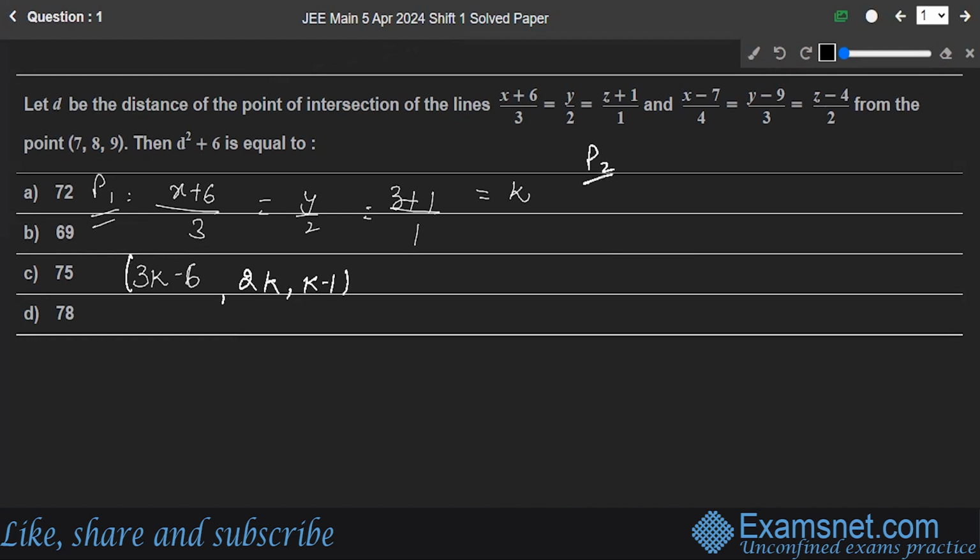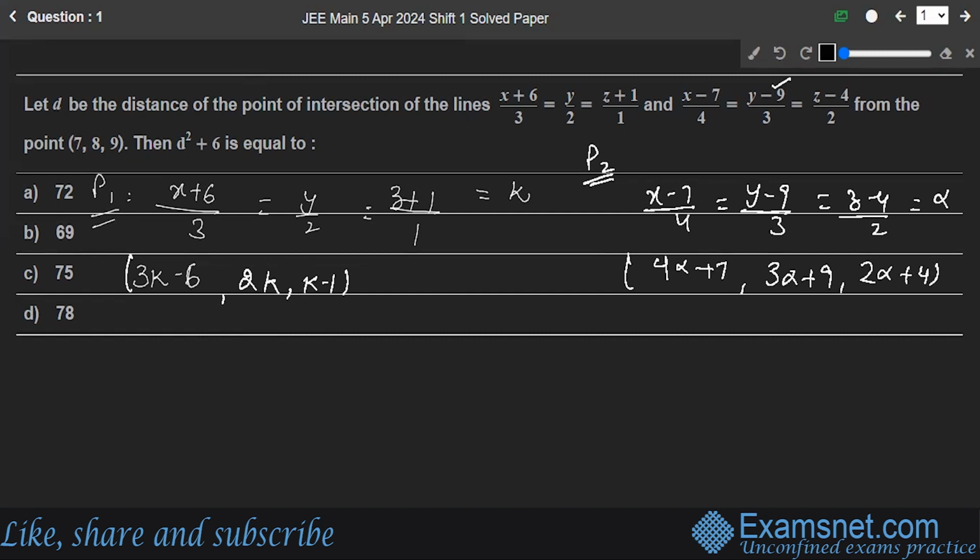And any general point P2 on this second line, which is x minus 7 upon 4, y minus 9 upon 3, z minus 4 upon 2, let's say that is equal to some alpha, will be given by 4 alpha plus 7, 3 alpha plus 9, 2 alpha plus 4. For the point of intersection, these two points will be the same.